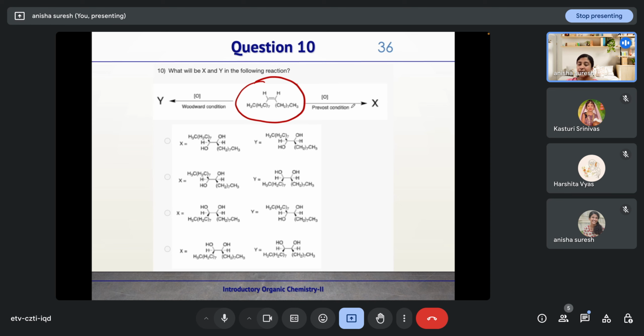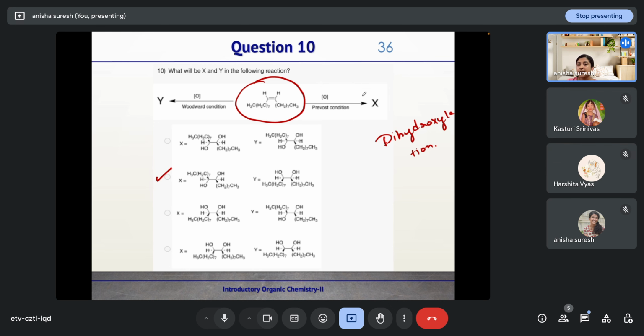So here under Prevost condition it is giving X and under Woodward condition it is giving Y. There is a small difference between Prevost condition and Woodward condition, so according to that, X and Y will vary. So what is X, what is Y? Option B will be the right answer.